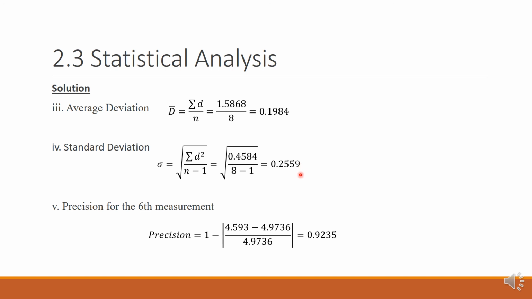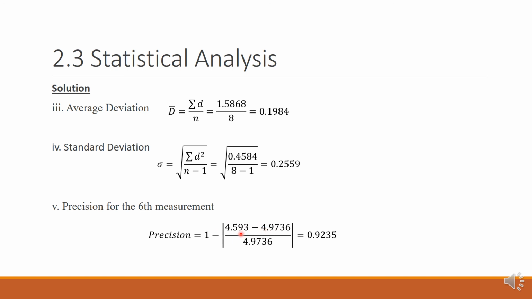Now let us calculate your last question: the precision for the 6 measurement. Okay, so how do we calculate the precision of the 6 measurement? You have 8 numbers of measurement, and we want to know how precise the number 6 sample is. The measurement of 6 has the value 4.593.